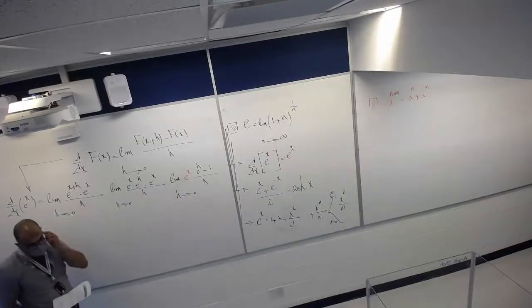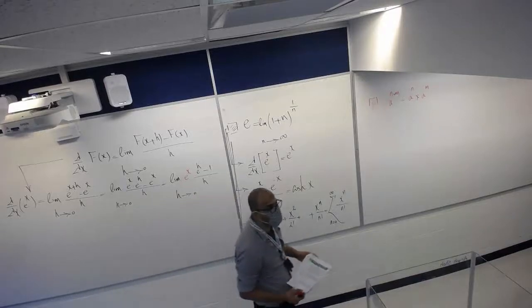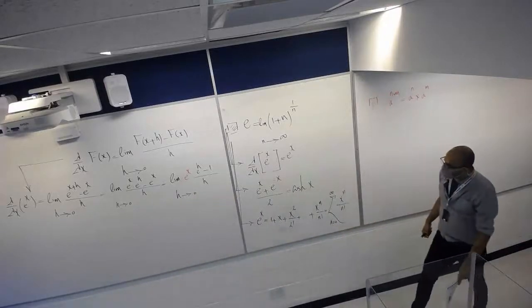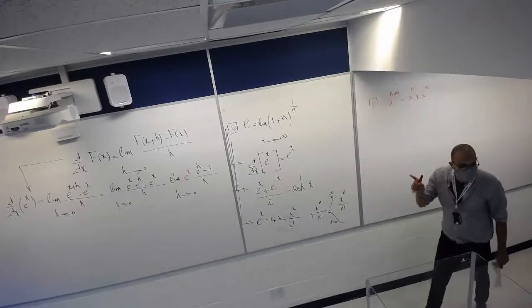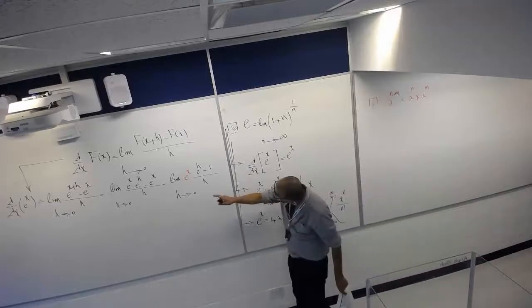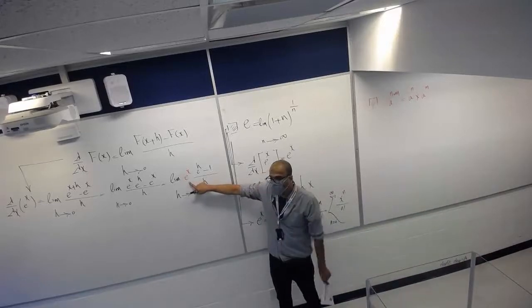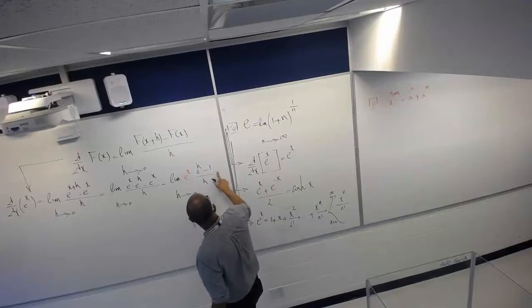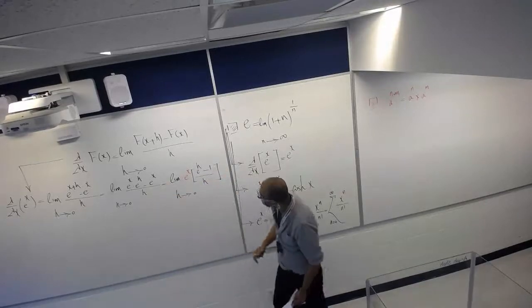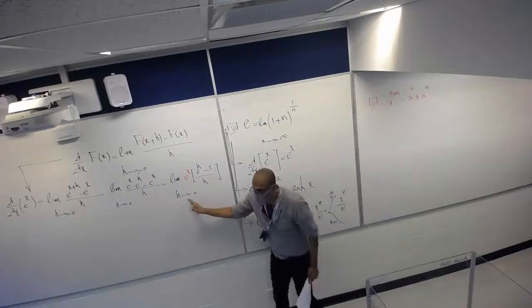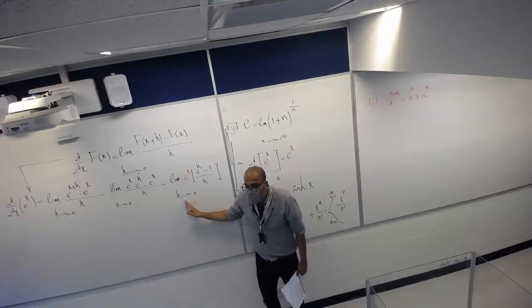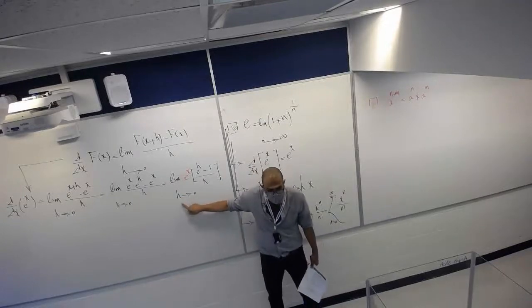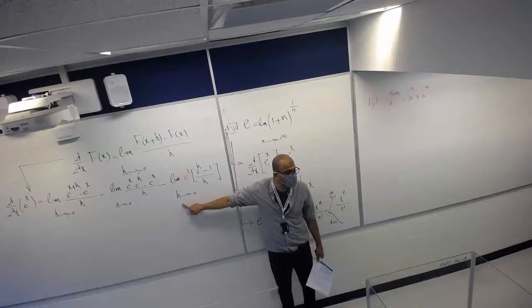Okay, now, guys, look at this. Everyone, please pay attention to this part. You're going to learn something interesting. If I have e to the power of x, which is a common factor to both these terms, I took it out, and I see that the limit is emphasized on h, and h is going to 0.